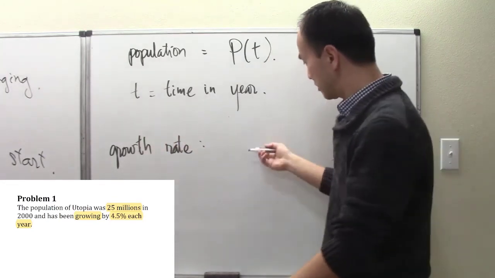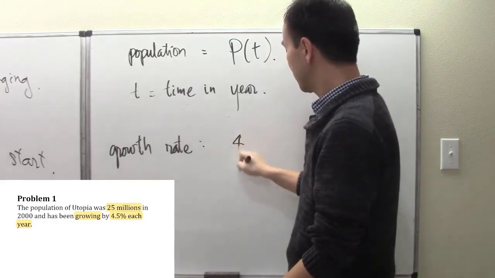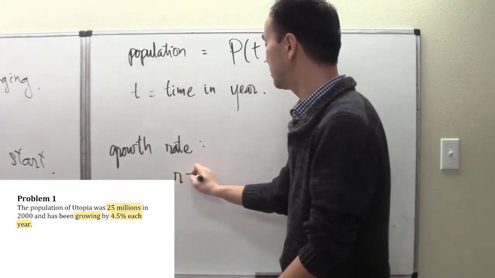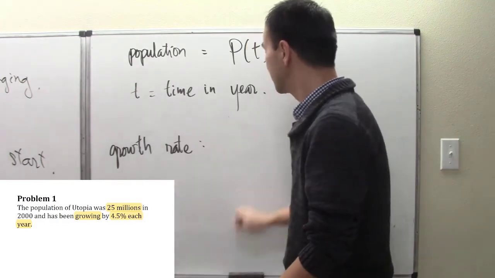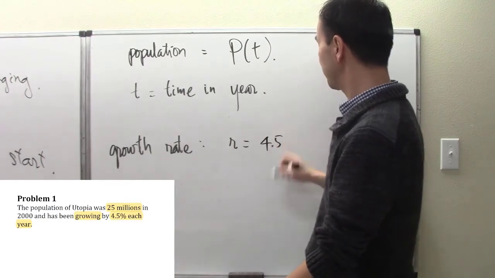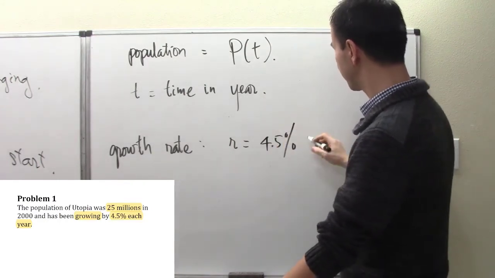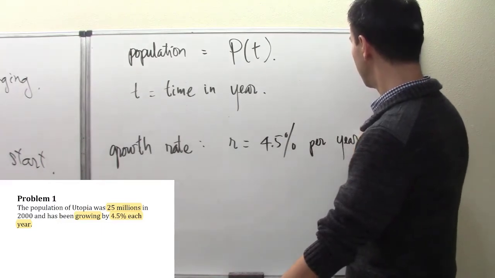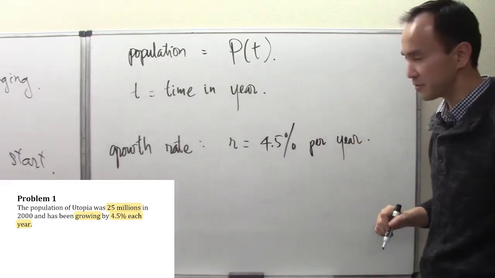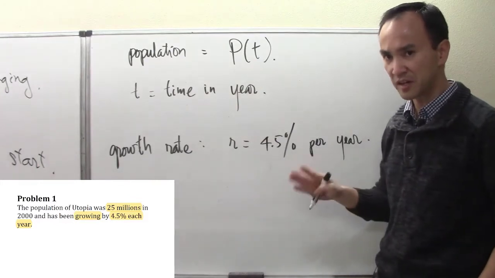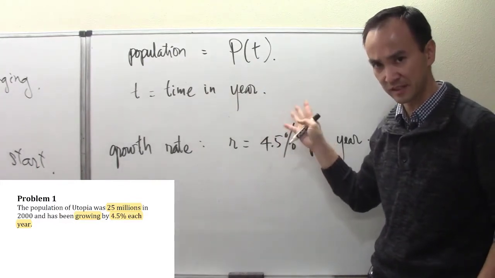So for that growth rate, let's call that R equals 4.5 percent per year. 4.5% per year, and time is in years right there. So that means 6 months means t equals 1/2 because it's half a year.